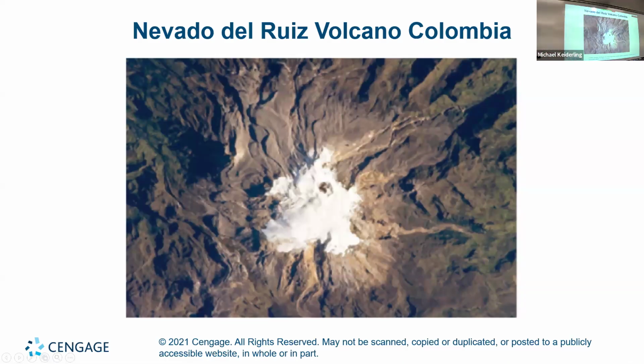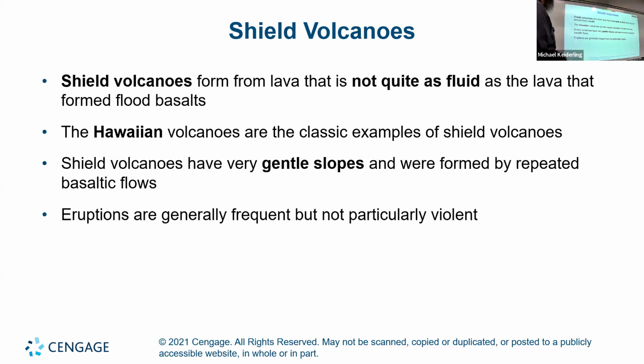So here is the Nevado del Ruiz volcano in Colombia. I believe this is more like a super cone. So when you have lava that's not quite as fluid as the lava that formed flood basalts, you get shield volcanoes, like the Hawaiian Islands.